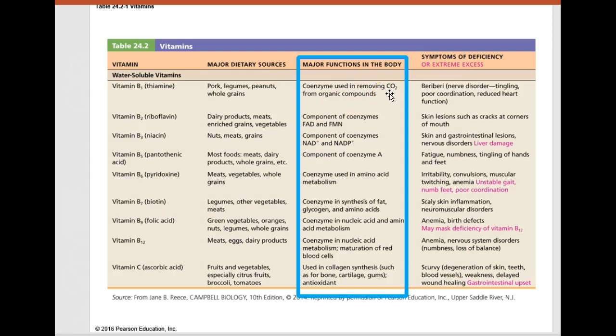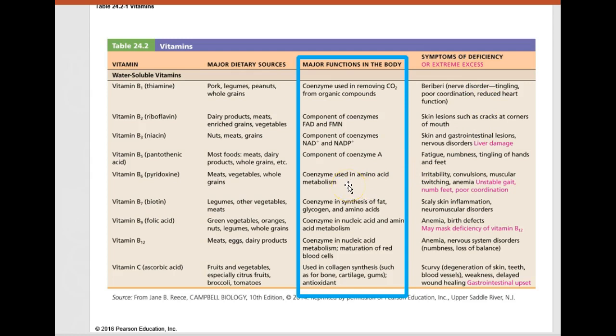Just as an interesting point of note for all you future healthcare providers, vitamin B1 is one that is chronically deficient in long-term alcoholics. And if you look over here, that's what's partly responsible for the poor coordination or the trembling that you'll see in chronic alcoholics.